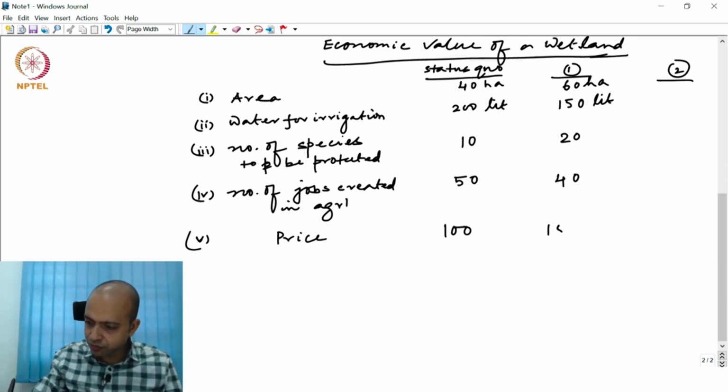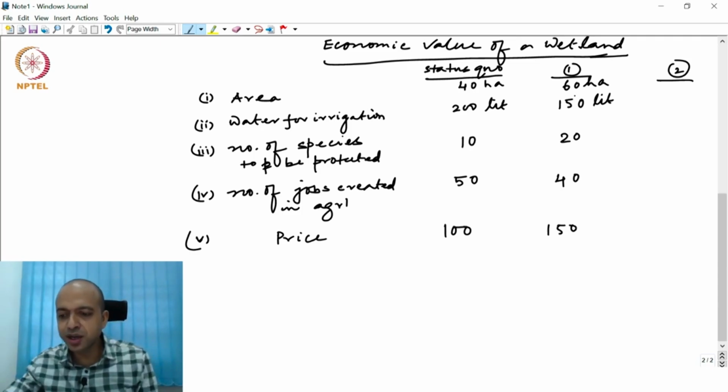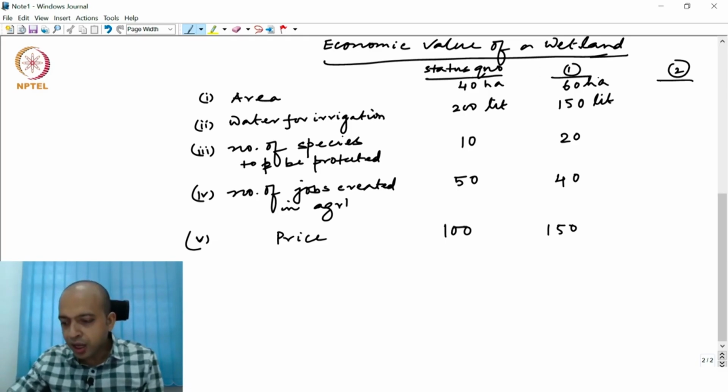What is the payment? 150. Now if you look at it, since the irrigation water supply is coming down from 200 to 150, we assume the number of jobs created is coming down from 50 to 40, but the number of species has actually increased from 10 to 20, since you have increased the size of the wetland from 40 hectare to 60 hectare, right? And we are asking the respondents to pay 150 for scenario 1 compared to the status quo situation.